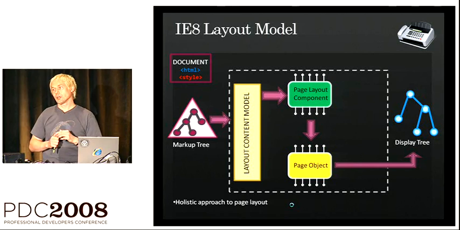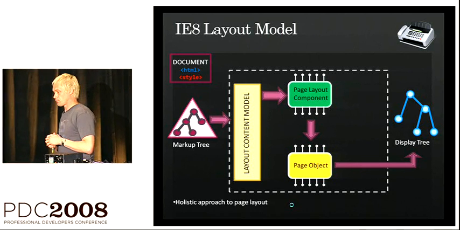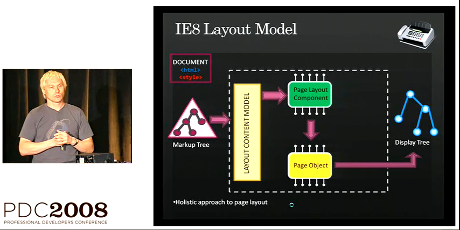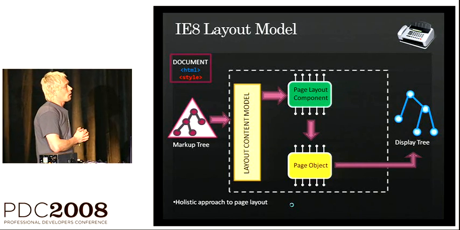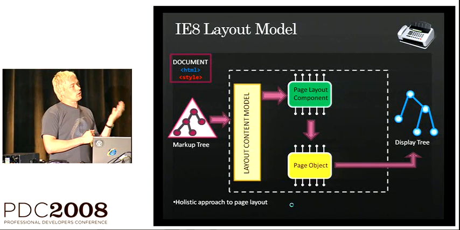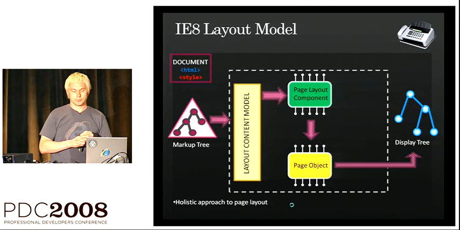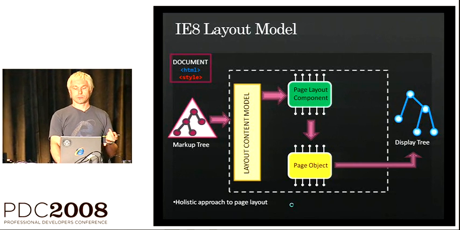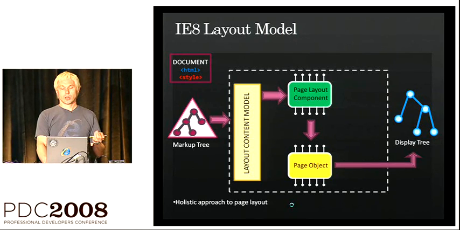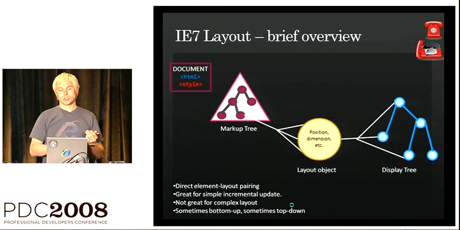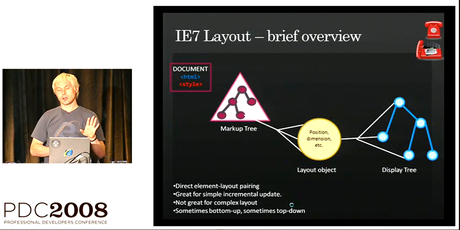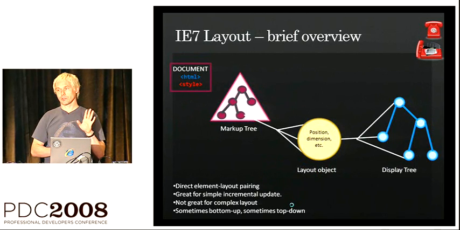So what we've done differently in this version, the first thing that we've done is we took advantage of the document tree already being separated from the display tree. Let's just step back to the previous picture. We already see that there is a markup tree on one side of layout.